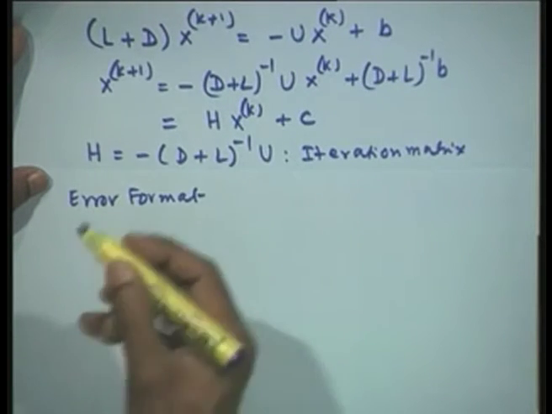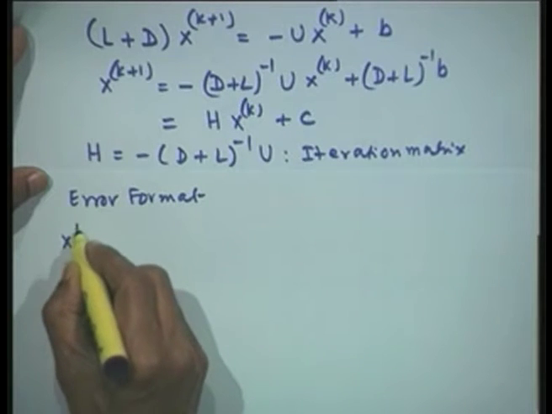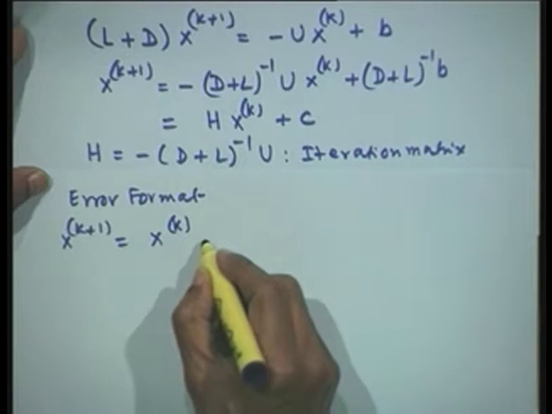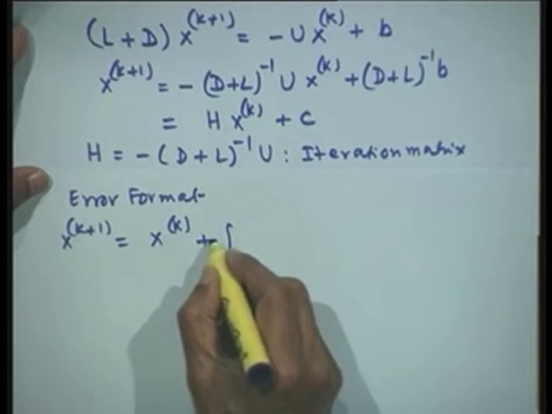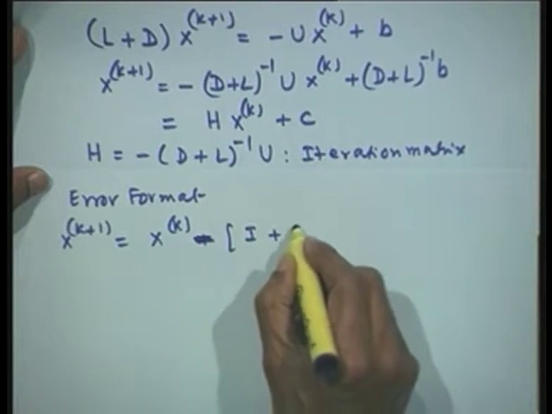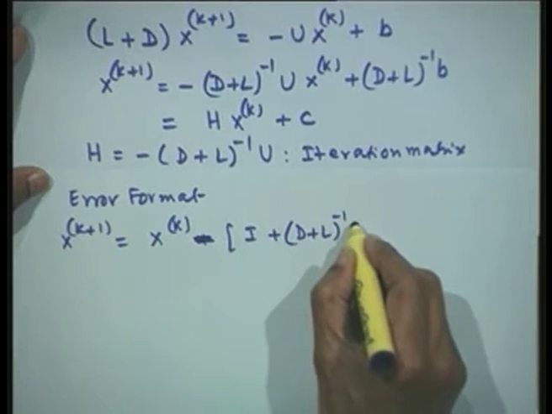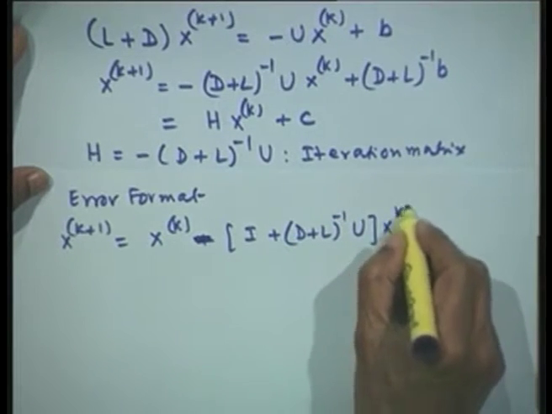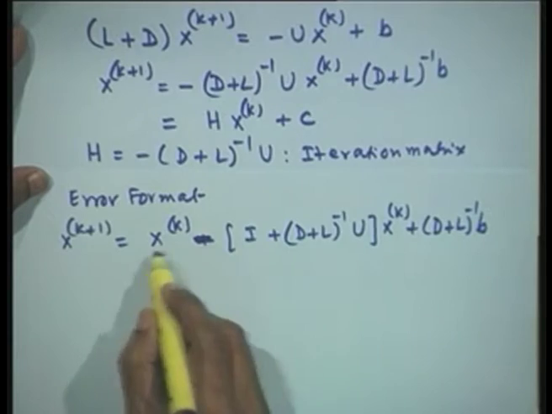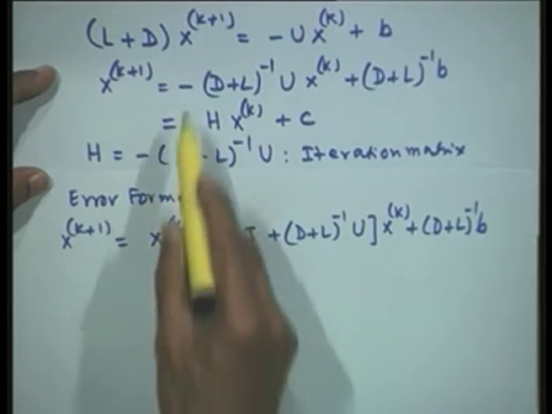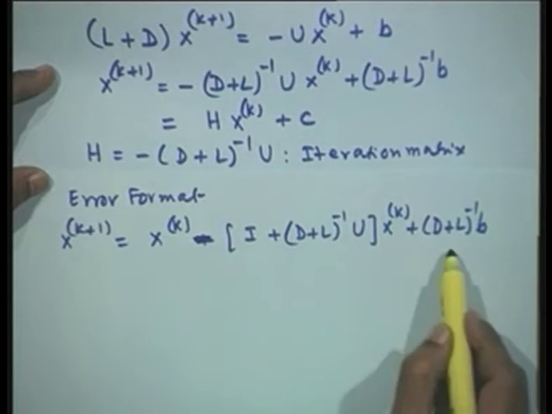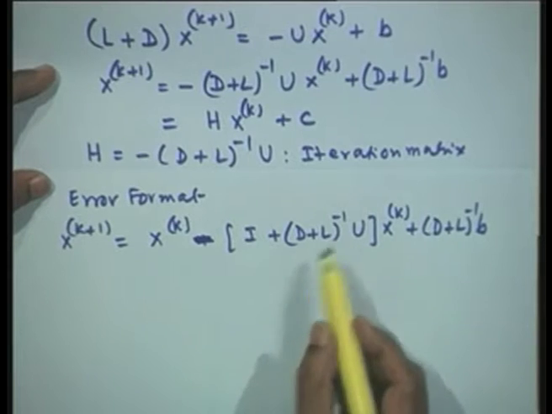So, we shall write this as x^(k+1), I add and subtract x^k again here, let us bring a minus sign here, I plus (D plus L) inverse of U x^k plus (D plus L) inverse of b. I have added and subtracted x^k from this particular set. So, x^k here minus of x^k and (D plus L) inverse of U. So, I retained it as it is. So, I have just added and subtracted x^k.